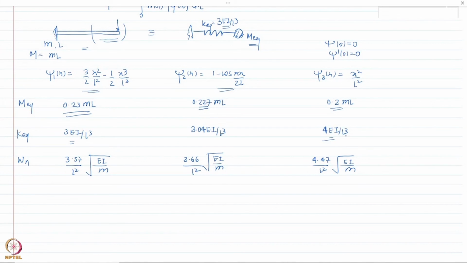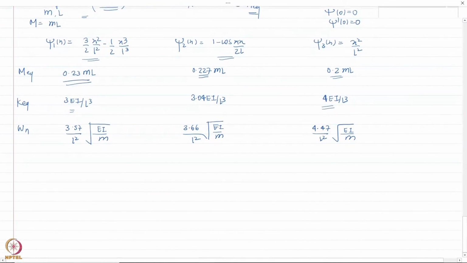And then we can check. Now in this case, what I see here, all three satisfy the displacement boundary condition. However, only the first two satisfy the force boundary condition. And I'll show you how.